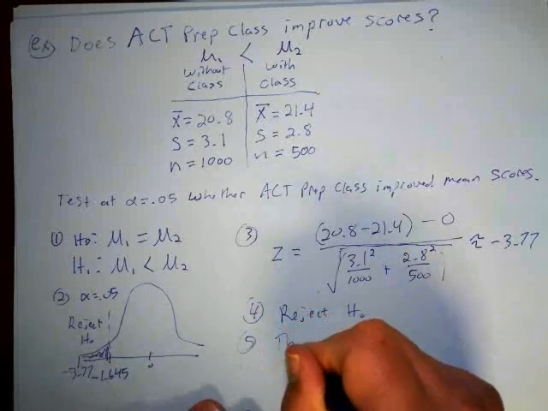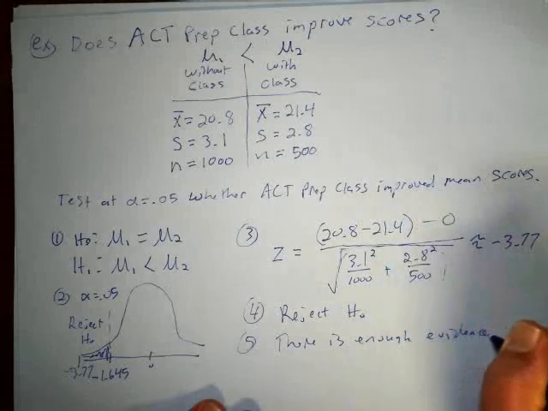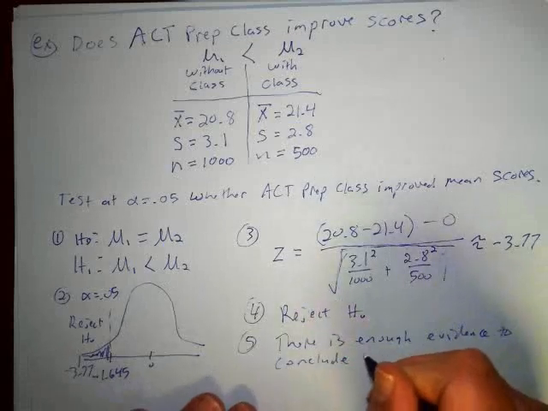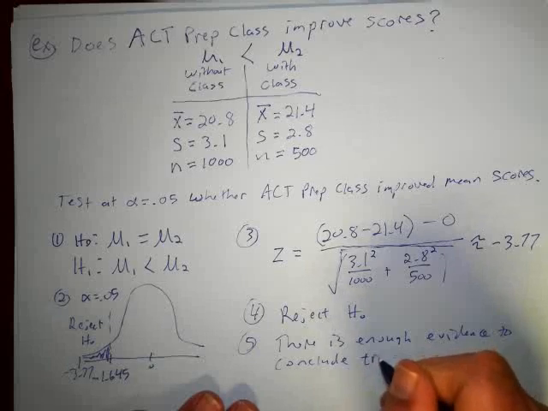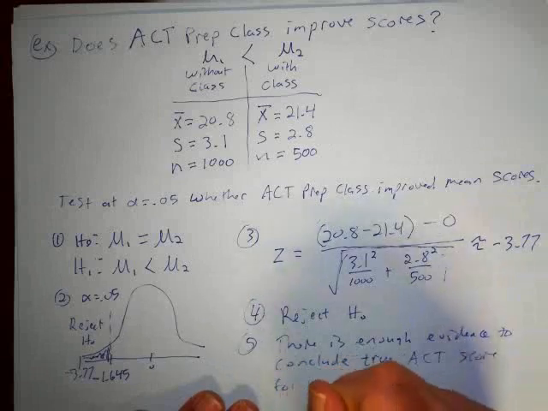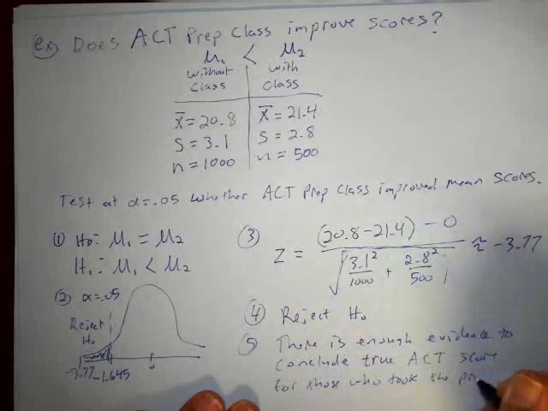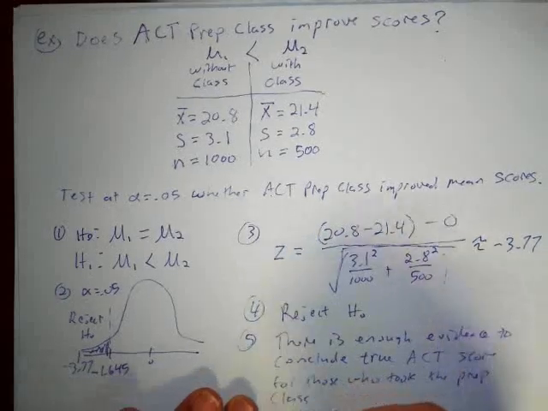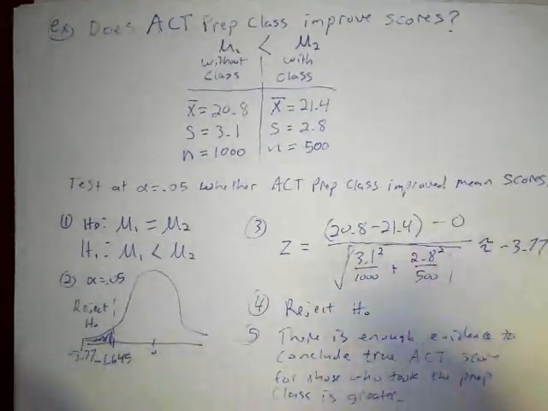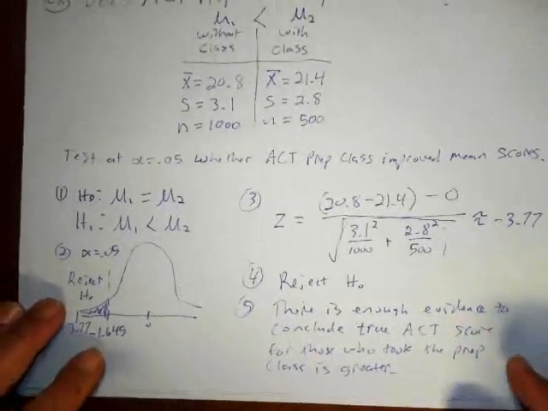And that means there is enough evidence to conclude the true ACT score for those who took the prep class is greater, or that there's enough evidence to conclude that the prep class improved the true mean ACT score. Might have been a better way to put that.